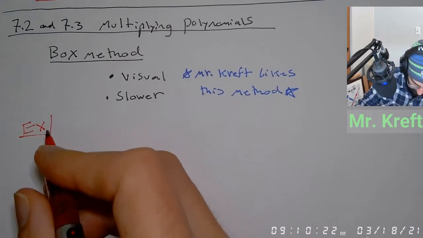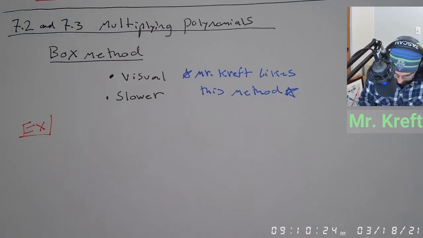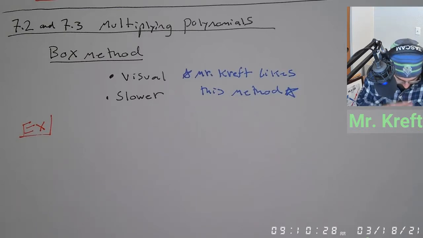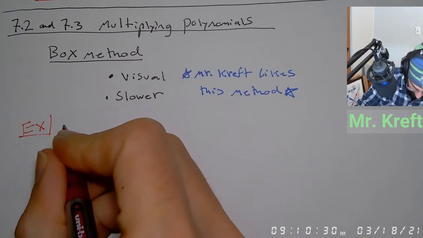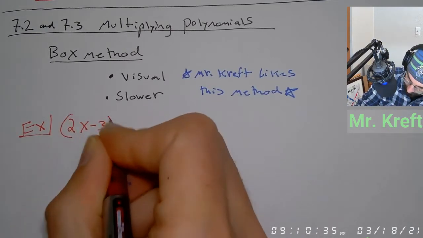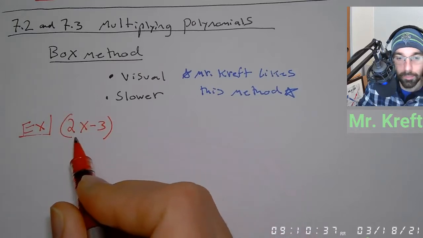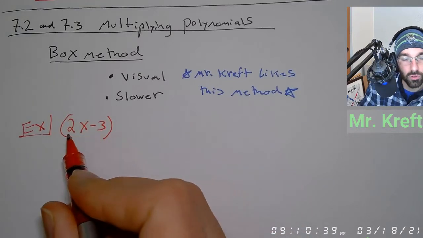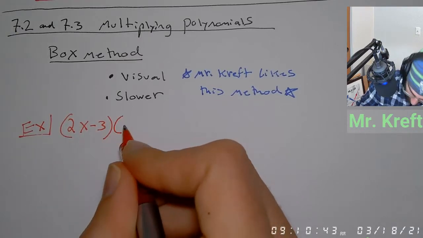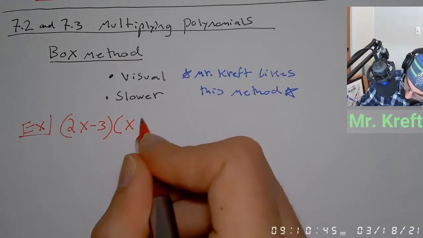So let's say, I got to make sure, sorry, I was just back in adding and subtracting. Let's say we're going to go 2x minus 3. Okay, so remember this is a binomial, right? Because it has two parts, so this is a binomial. And then we're going to multiply that by x plus 5.